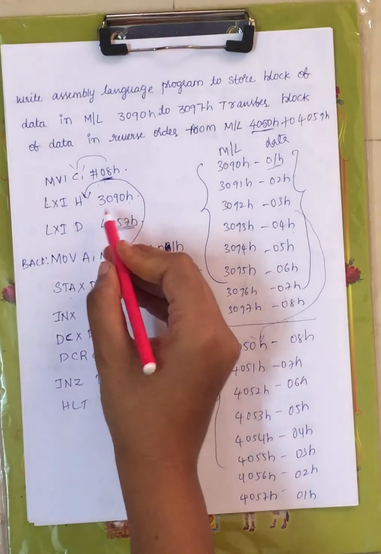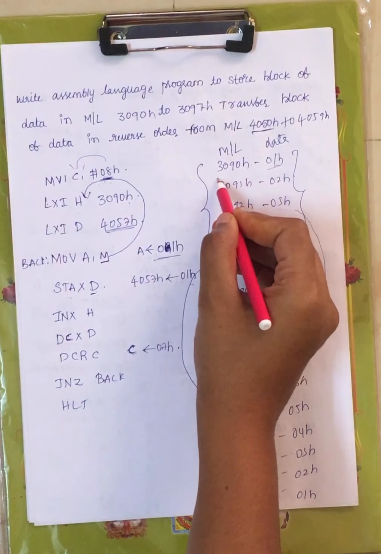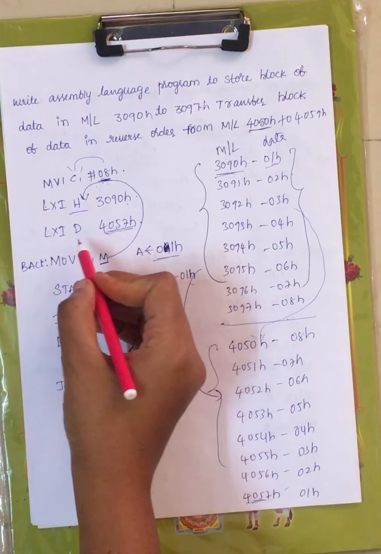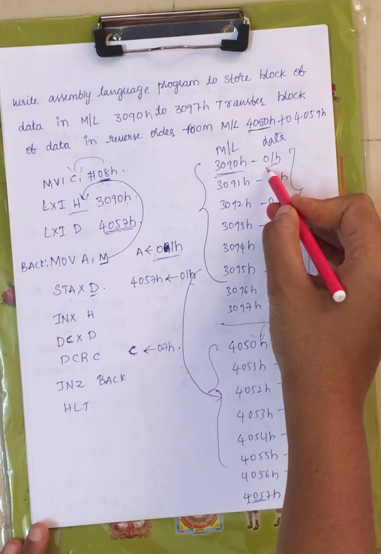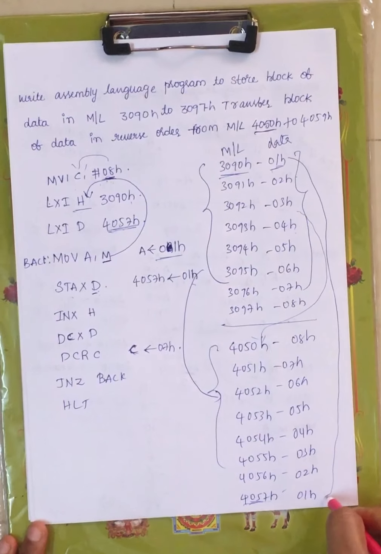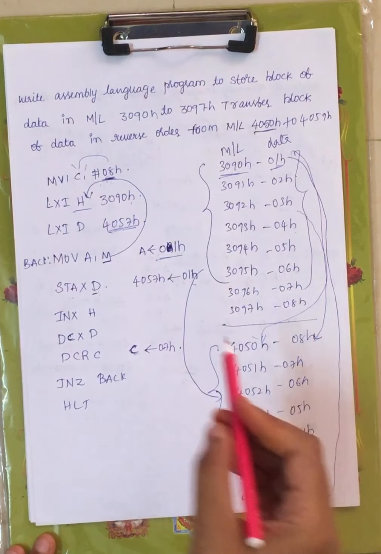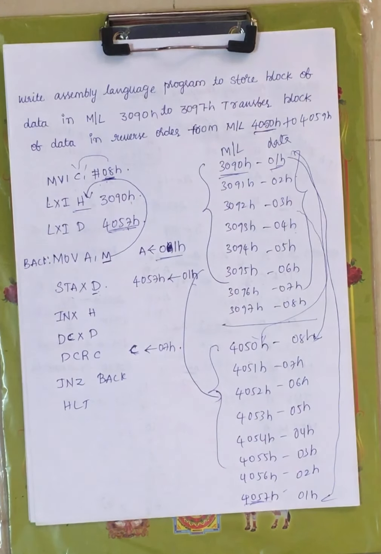Initially we are moving this 3090H to HL register pair. Next we are moving 4057H to D register, because this 01H has to be transferred to 4057H. If this has to be transferred to 4050H, this will be 4050H, right?